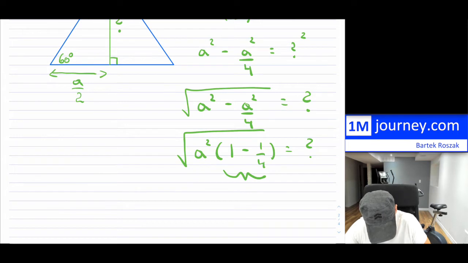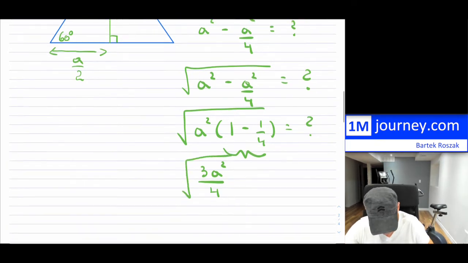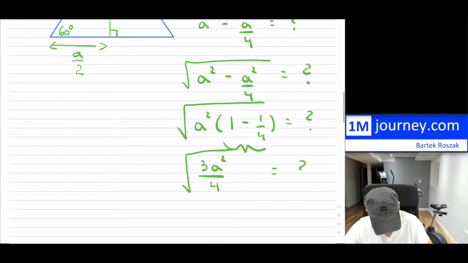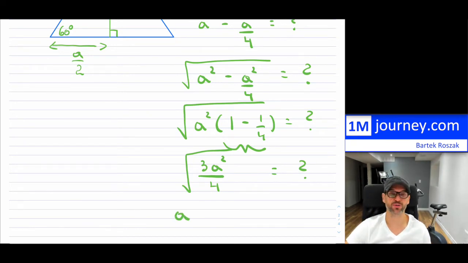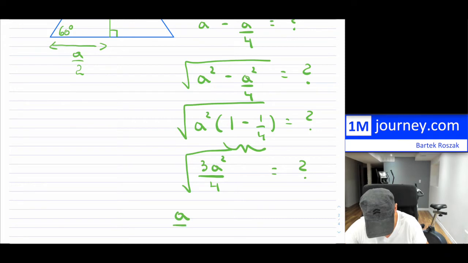So I'm going to write 3A squared over 4, and I have to take the square root of that. Taking the square root of 3, I just have the square root of 3. Taking the square root of A squared, that's just an A. And taking the square root of the 4 in the bottom, that's just 2.